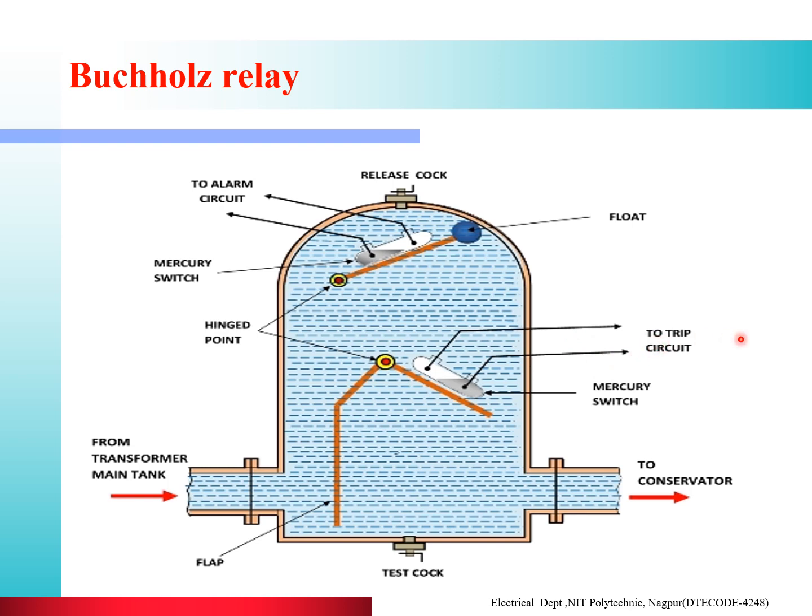It will give a signal to the circuit breaker, and the transformer gets disconnected. So this is the basic working of the Buchholz relay. It will detect the incipient fault due to the gas developed in the transformer oil, and it will detect the severe fault such as short circuit due to turbulence in the oil.